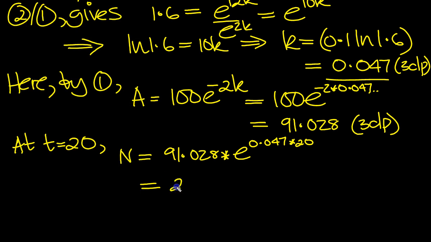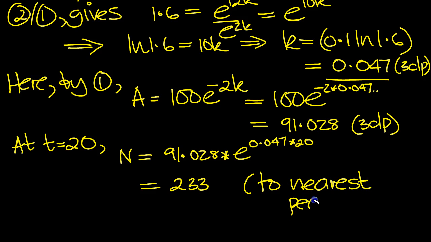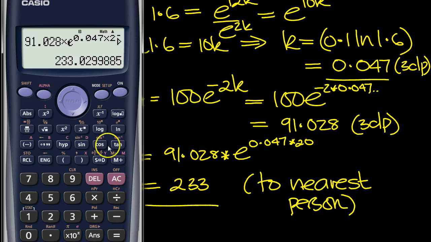So it's 233 to the nearest whole number, because it's a unit of population. It's only a small island, so presumably this is just in units, to the nearest person, or number of people. Just over 233, so we can round that to 233 people.